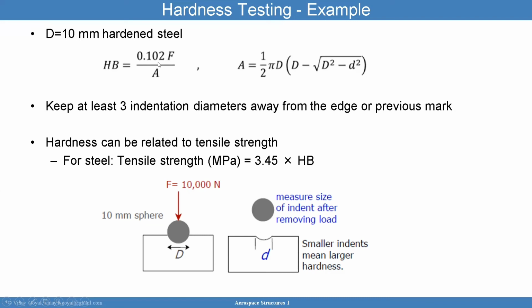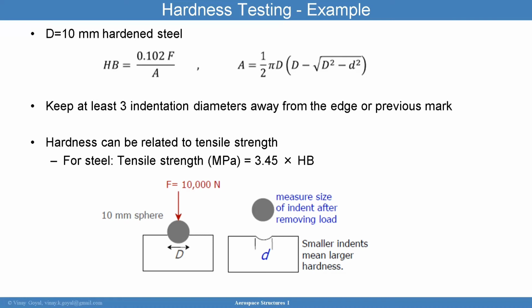So I can calculate this, plug it in here, and get HB. You can take the same metal and do 3 different tests. You can apply that load, but you want to keep 3 indentation diameters away so that the previous marks are not involved. That way the displaced material is not affecting your results.